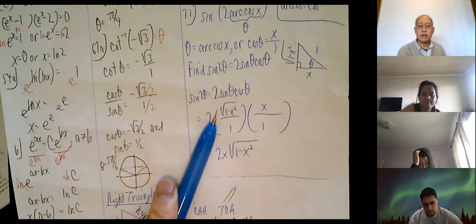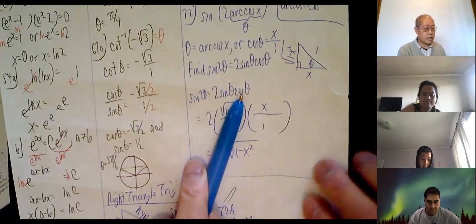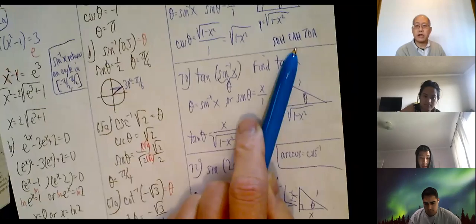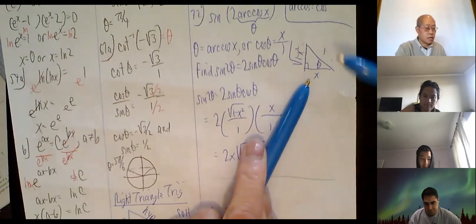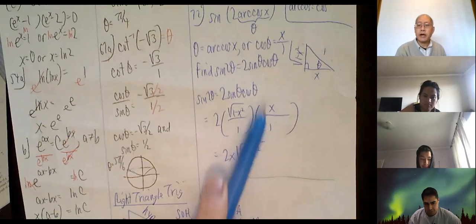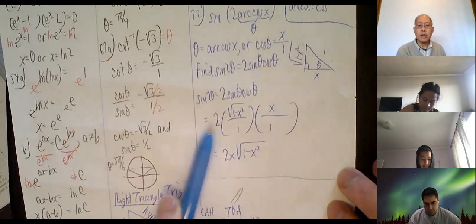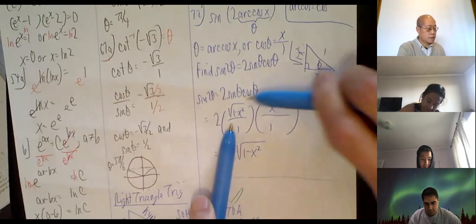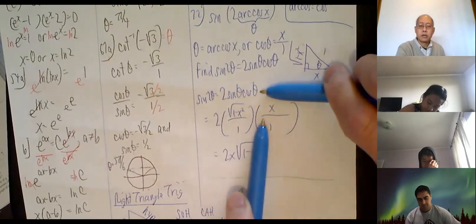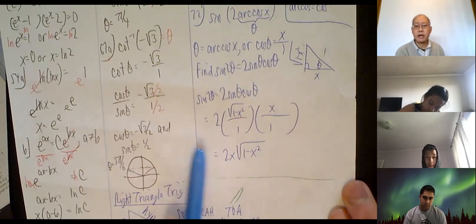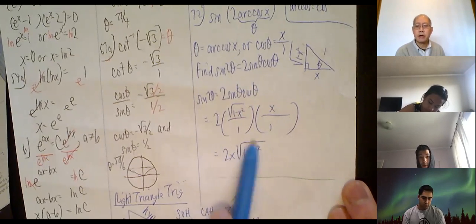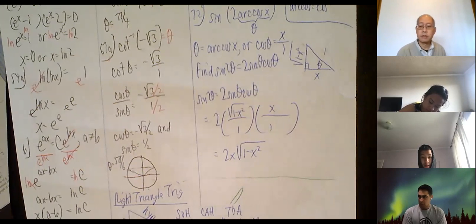So that's sine of theta. Cosine theta. Cosine we said was adjacent over hypotenuse. So adjacent is x. Hypotenuse is 1. So x over 1. So 2 sine theta cosine theta. Okay, and the bottom is just 1, so forget about it. So final answer, 2x radical 1 minus x squared. And there we go.